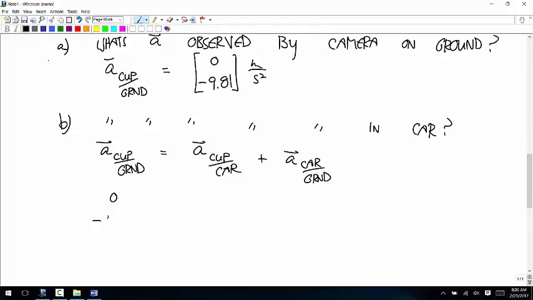So 0, -9.81 is equal to the acceleration of the cup relative to the car plus the acceleration of the car relative to the ground. This acceleration was given. It's 4 meters per second squared in the negative x direction. So this is just -4, 0.